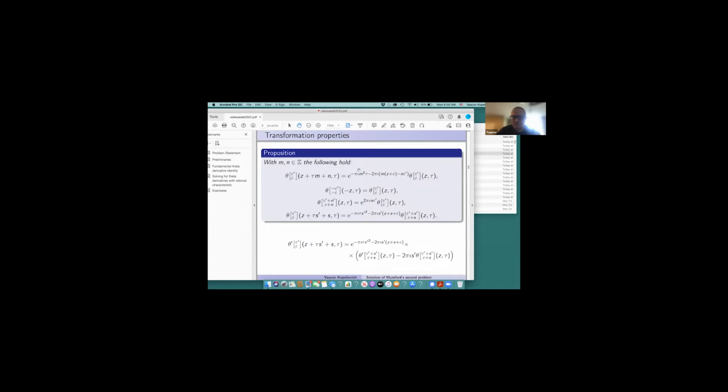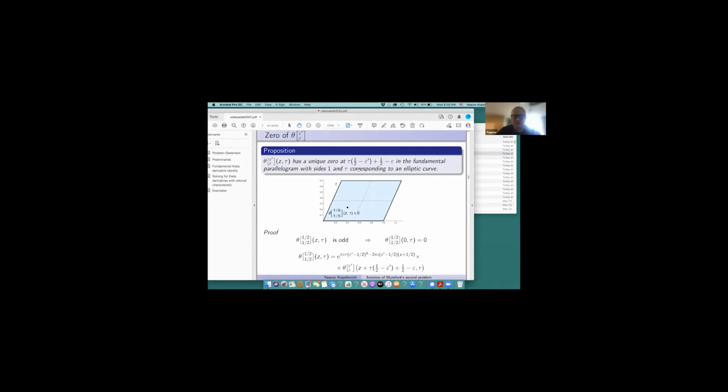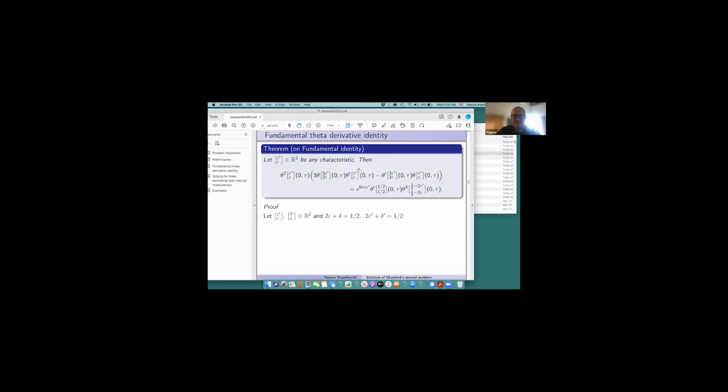And lo and behold, those factors cancel out. Because of this requirement, when you do the calculation, you will see that the factor up and the factor down, when you move by a lattice, cancel each other. So this is going to be an elliptic function, a function which is periodic under 1 and tau.